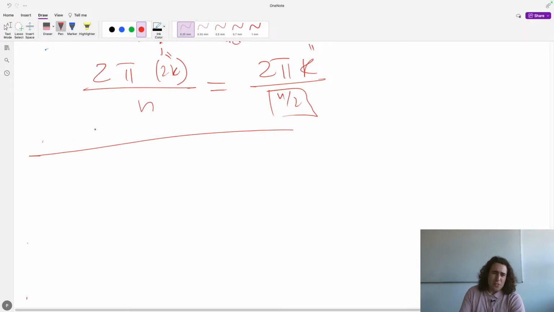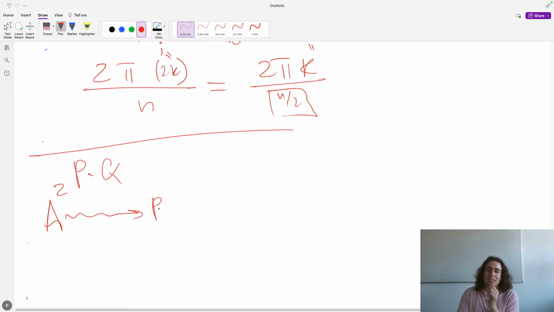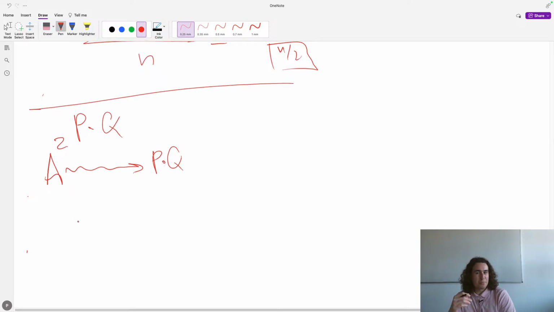And we want to multiply P times Q. I want to find some polynomial A such that if I square it, I can somehow extract the product of P times Q out of the square. Just think about it for a second. What should be this polynomial such that if I square it, somewhere in this polynomial, I'm going to have P times Q?